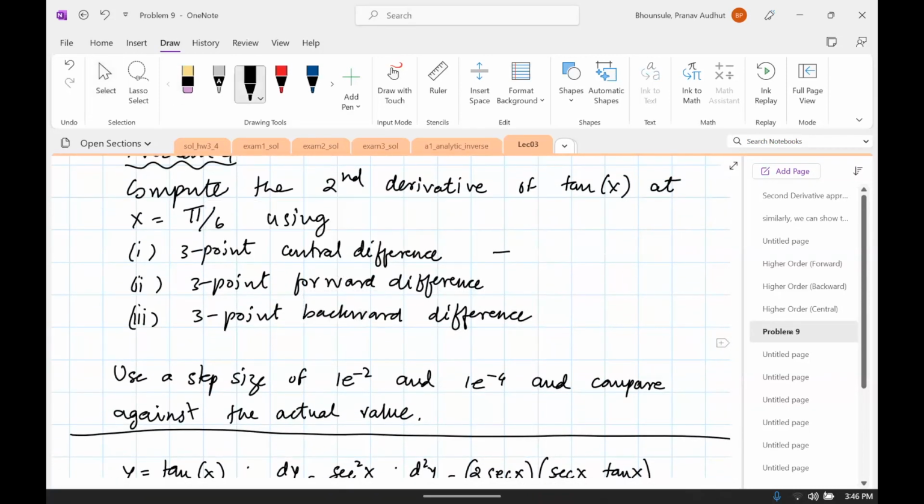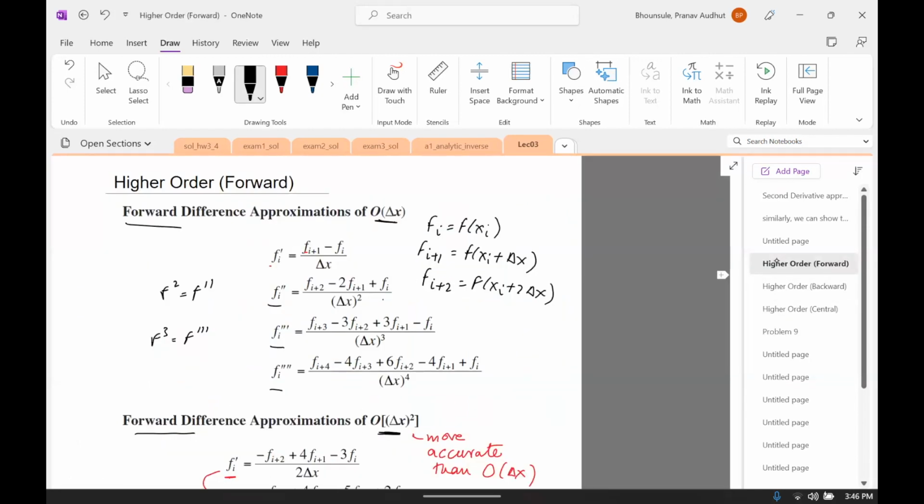So this was order delta x squared. This should be order delta x, and this should be order delta x. My bad. So if you go forward difference, we want order delta x. We want the second derivative, and so we want this formula.